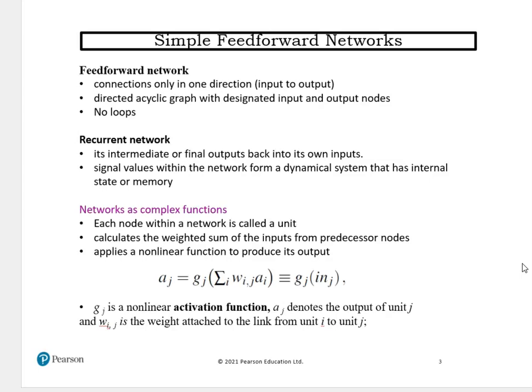Essentially all the inputs to unit J are coming from the previous layer I. So we get the weighted sum of those inputs in the summation there, and then we apply our nonlinear activation function to get the output.